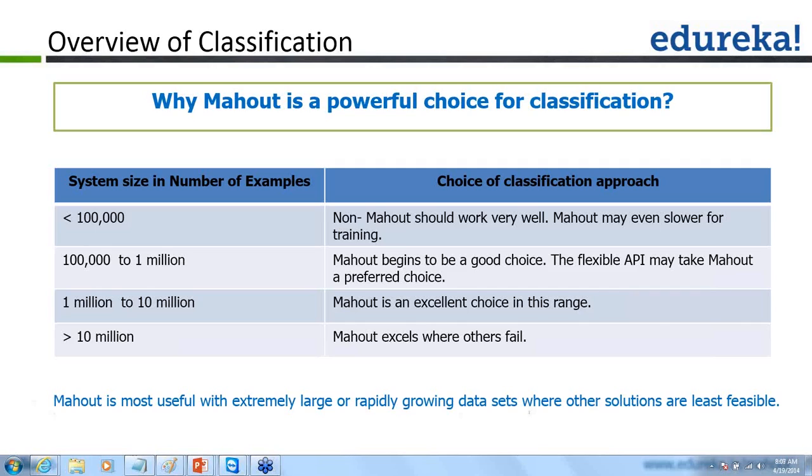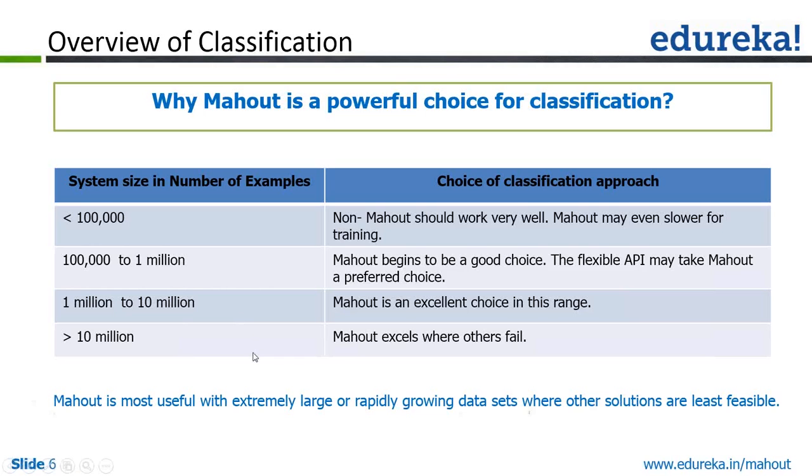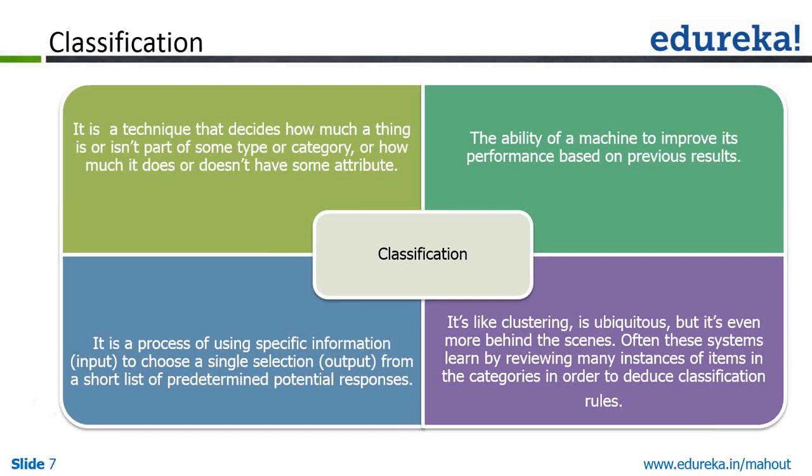One is training the model, then evaluating and tuning the model, and then once your model is ready and you are pretty much satisfied with the performance metrics, you can use that model in production. So those are the 3 steps in classification.